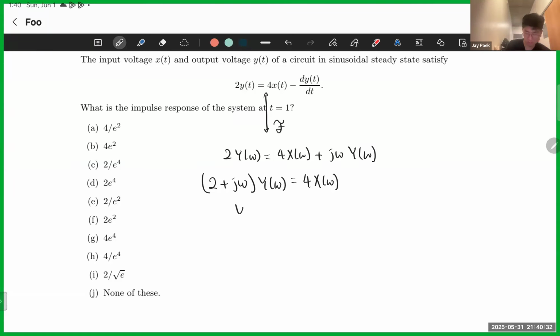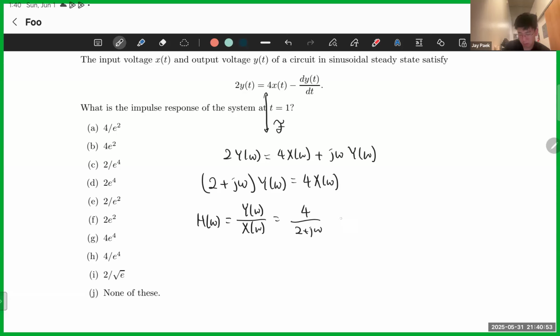Then we have that the frequency response is 4 over 2 plus j omega.